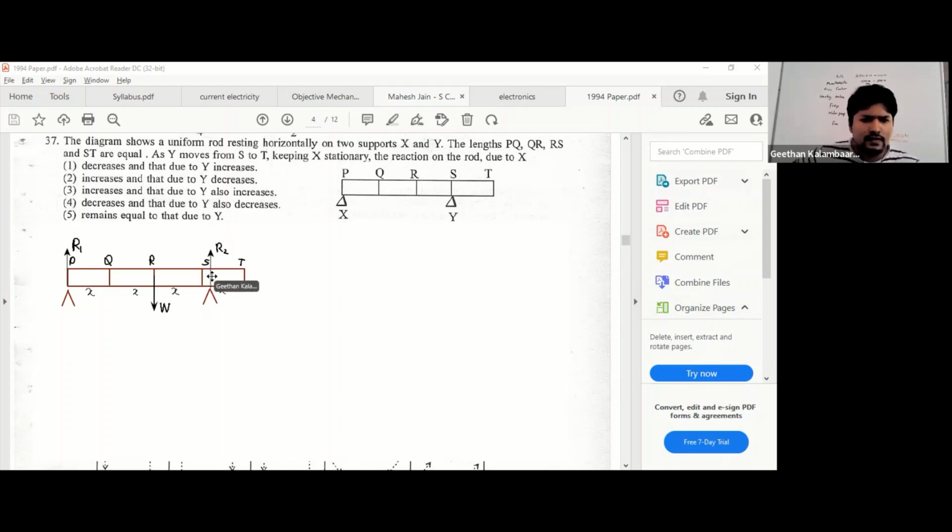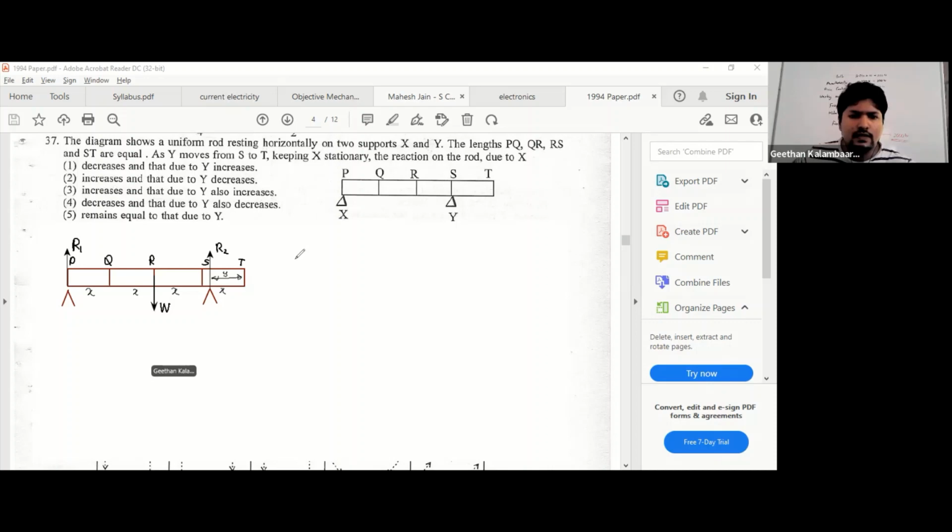So I'm moving it. And I call this length y.